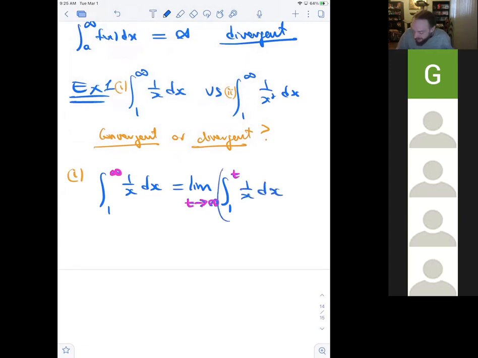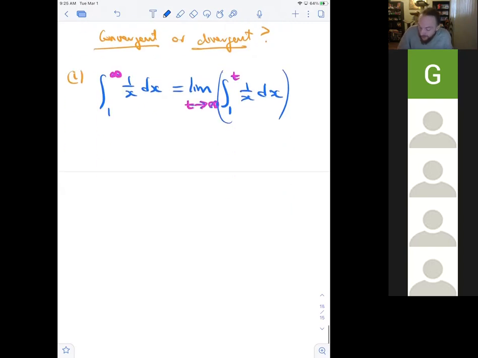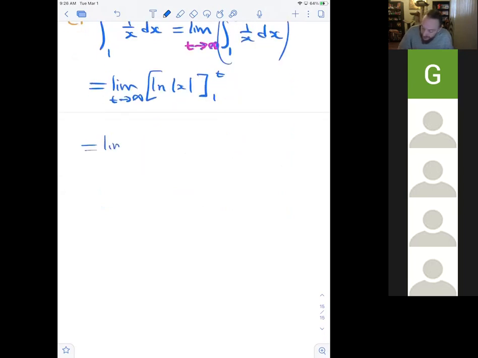So the first thing you do is get a limit of the integral of the finite ones. Now I ignore the limit for a second. I have to anti-differentiate that integral. It should be the natural log of the absolute value of x evaluated from 1 to t by the fundamental theorem of calculus part 2, which is equal to the limit as t approaches infinity of log t minus log 1.